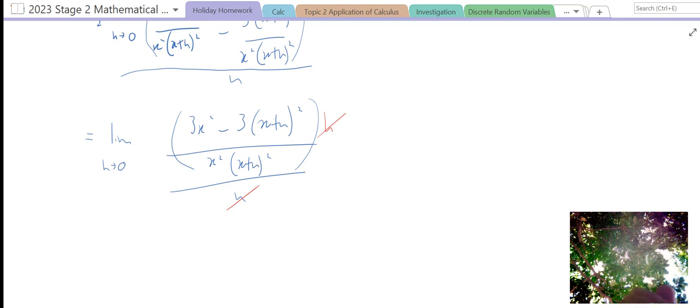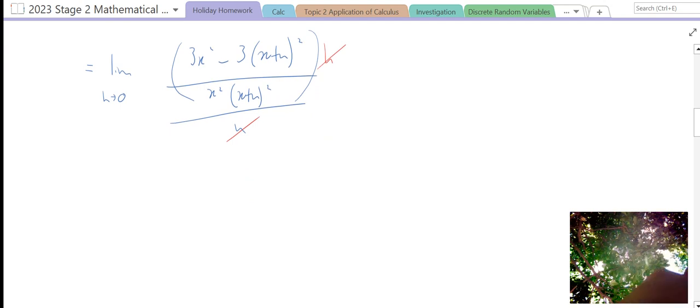It's a bit like if I had 10 on 2 on 5. I can cancel this 5 with a 5 from there, and it leaves me with just 2. Sorry, 2 on 2, which is 1. I need to factor out that h and then remove it. It'll become a little clearer when I actually show you what I'm aiming for.